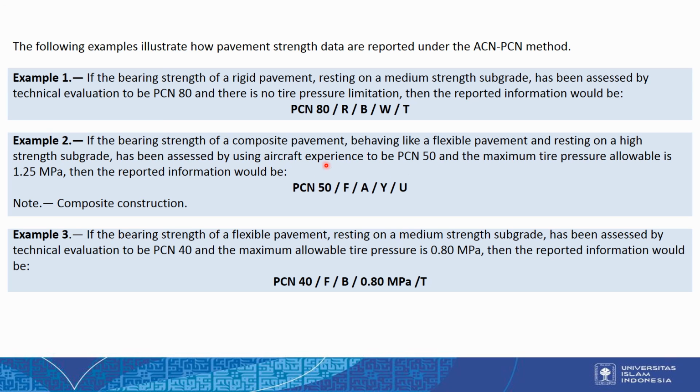We will get this value here, /F for flexible pavement, /B because it is resting on a medium strength subgrade, /0.8 MPa.